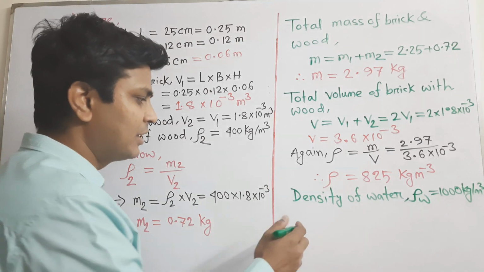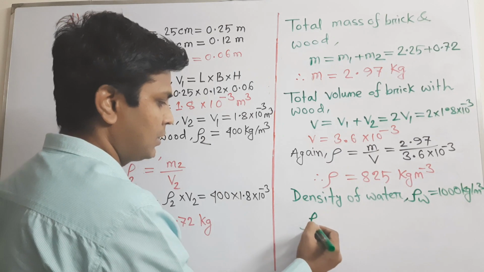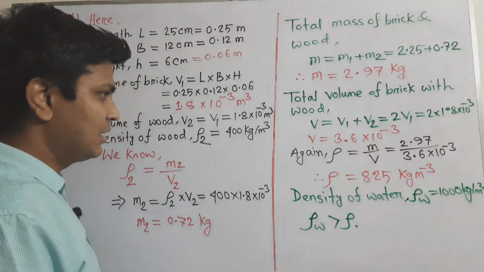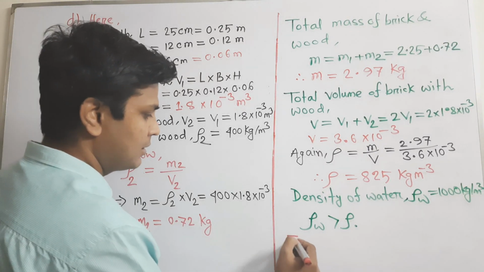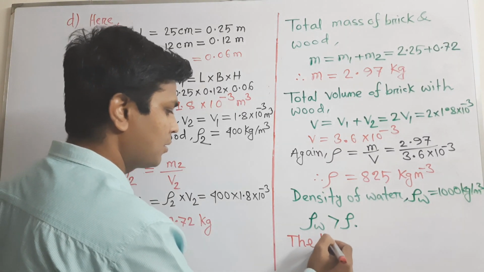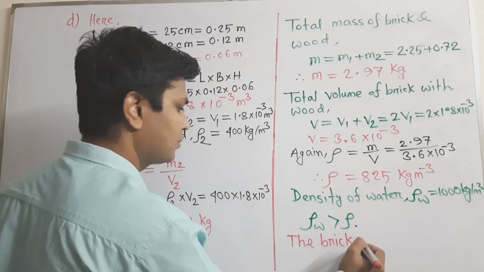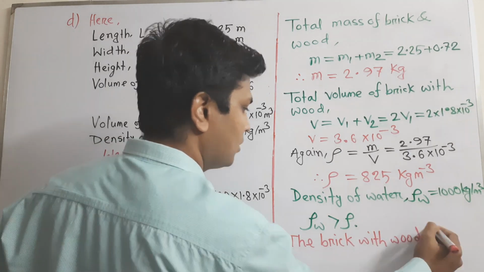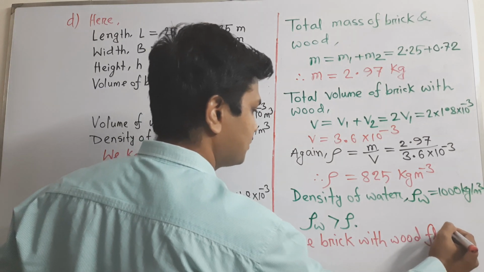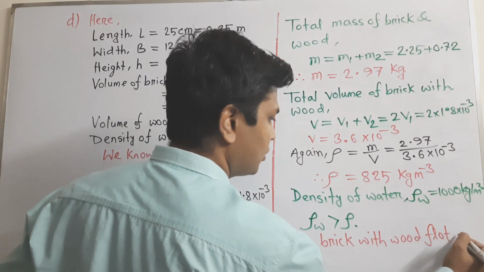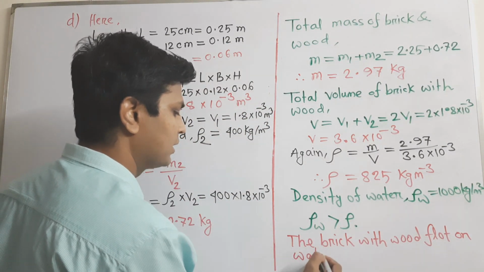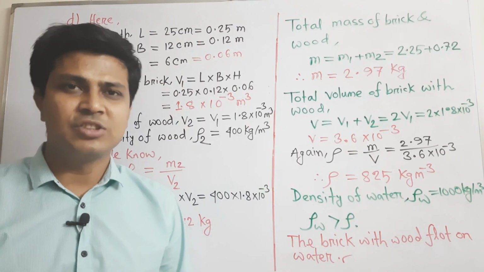That is why we can say rho W is greater than rho. So our decision is the brick with wood floats on water.